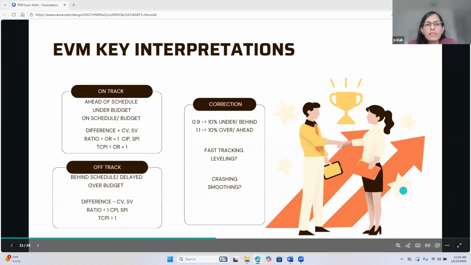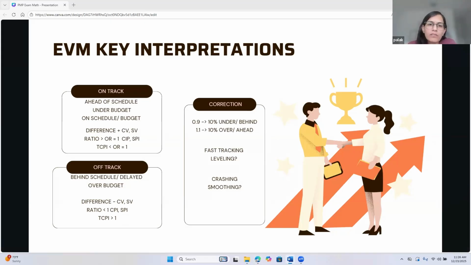All right, and there is a way to do correction here in our project status, right? So there are different terms like fast tracking, leveling, crashing, and smoothing that you will also need to understand. But the other way to evaluate is you need to know the number and how much percentage it reflects. So for example, here 0.9, so it's actually 0.1 less, right?